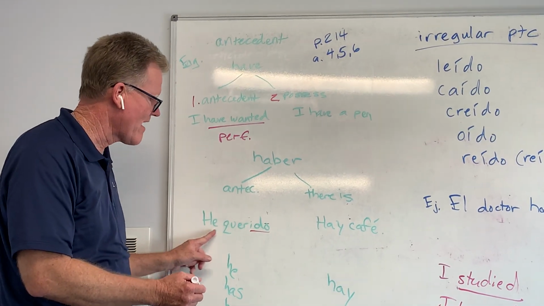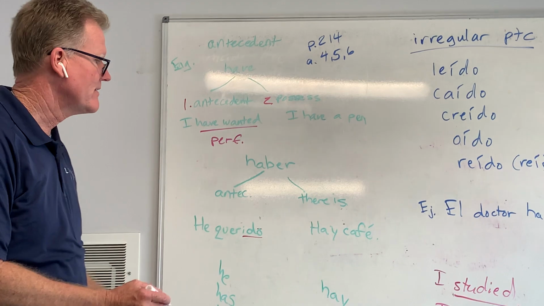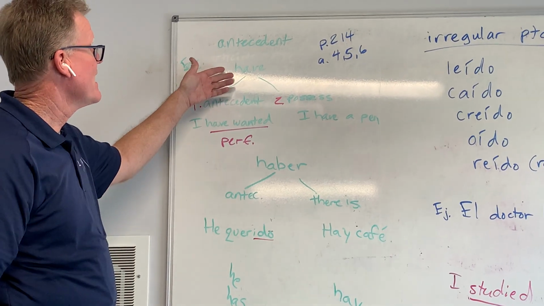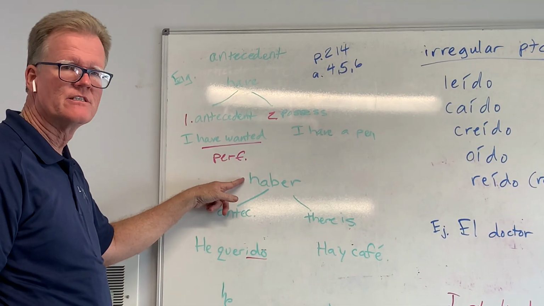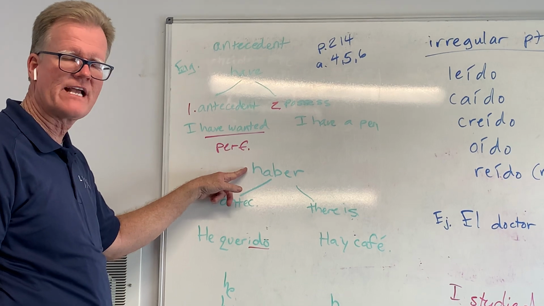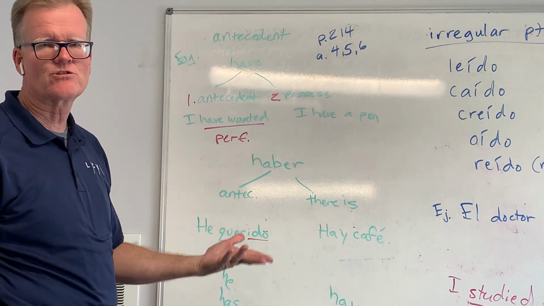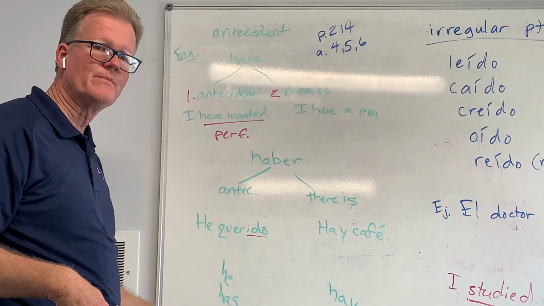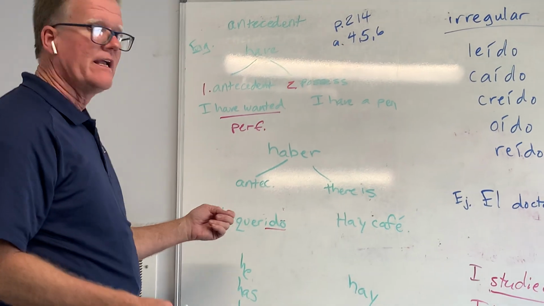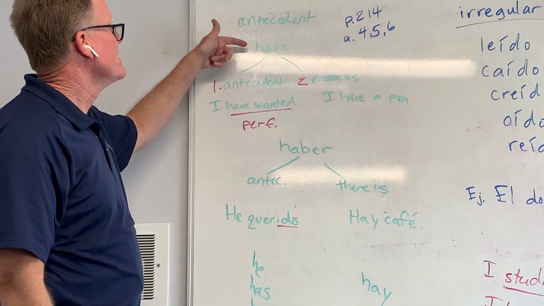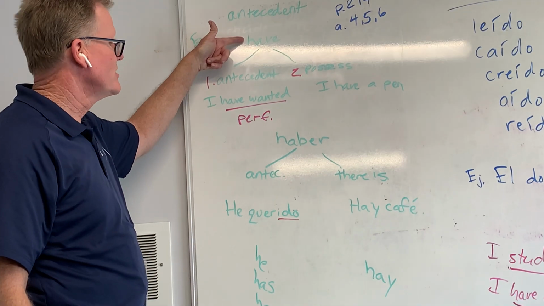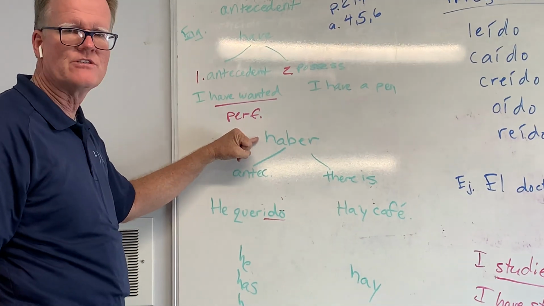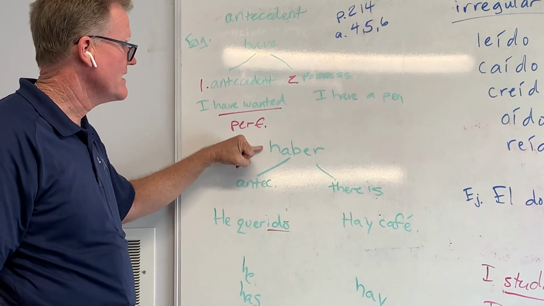So I have wanted. Okay, so that's just curious that both in English and in Spanish, the verb that's used for the antecedent has a second job with an actual meaning. It's not just used as a helping verb or an antecedent. And the other interesting thing is that the verb that gets used for the antecedent in English is not the same verb that gets used for the antecedent in Spanish.